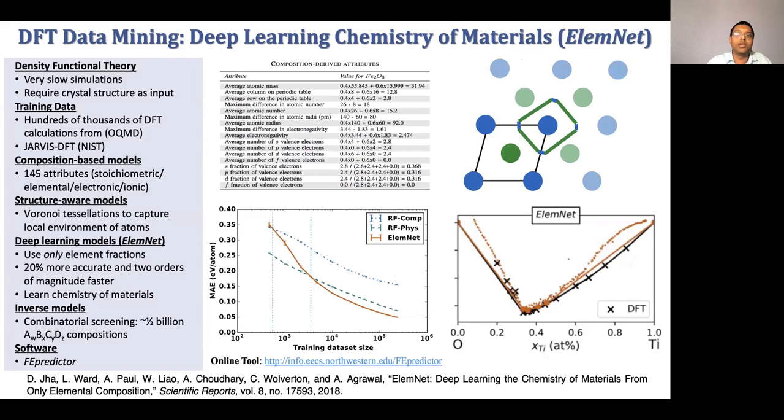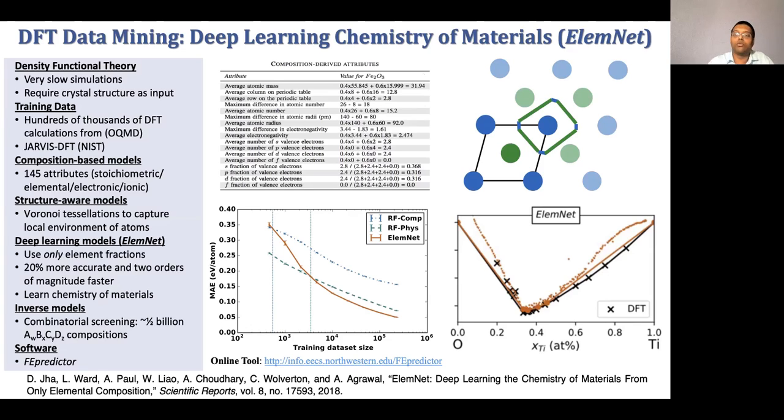And over the years, we have used data from a lot of publicly available data sets and built composition-based models and structure-based models. So using, for example, the chemical formula of a compound here, like say ferric oxide, we can calculate a library of attributes, which we call physical attributes, to represent this material, and then that vector can be used for machine learning.